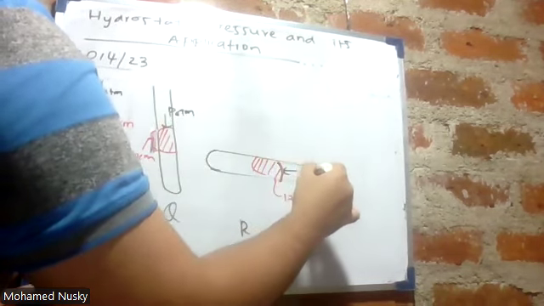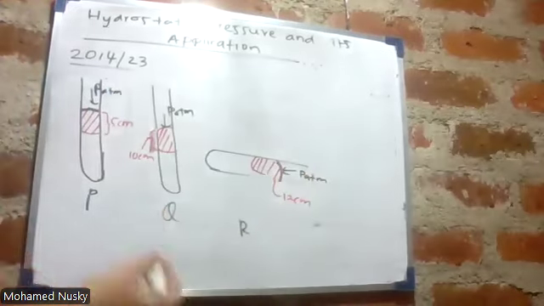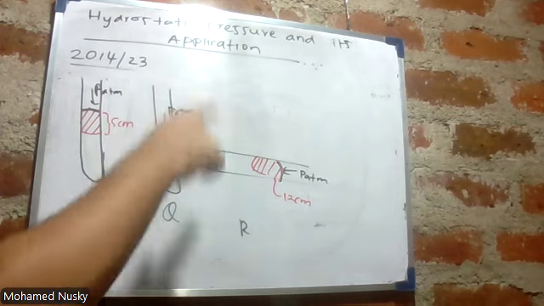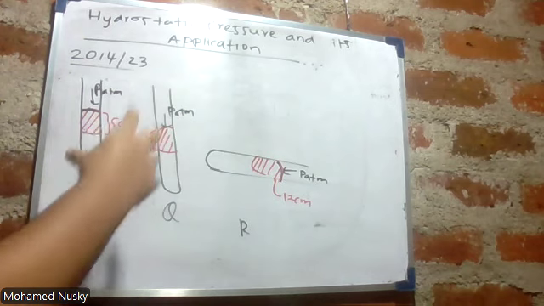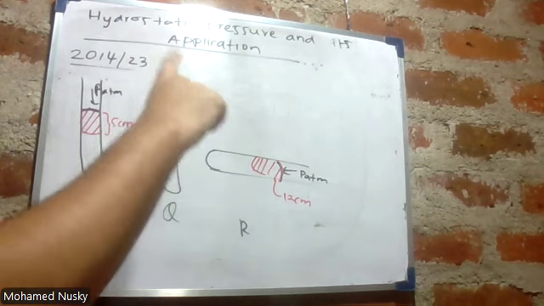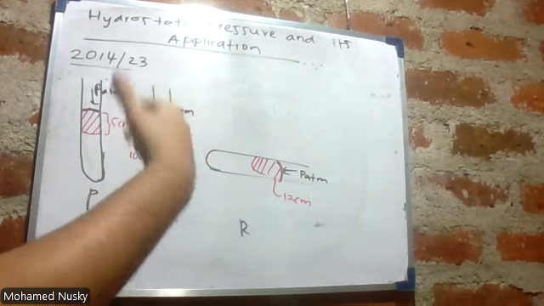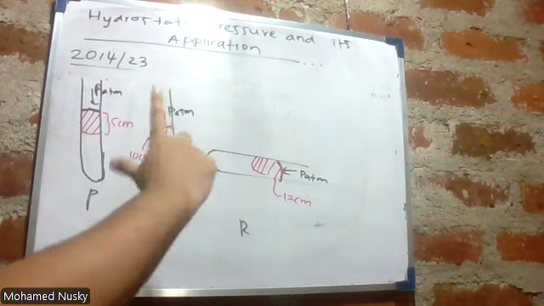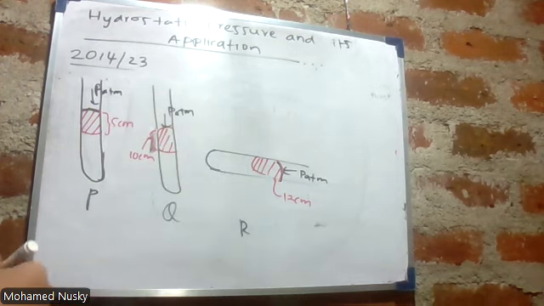Here also, there will be atmospheric pressure. Okay. And as I said in the water video on YouTube, when there is a water column, there will be pressure due to atmosphere, and there will be pressure due to that particular height of water. That is hydrostatic pressure.